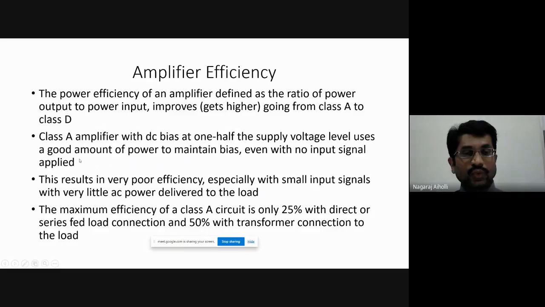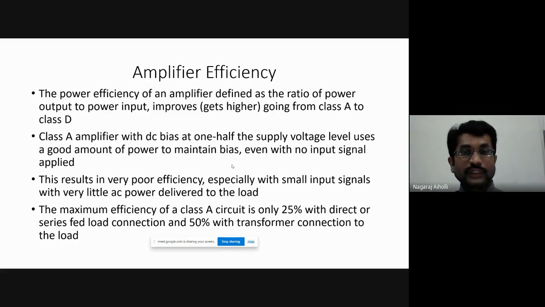It is using a good amount of power to maintain the bias condition for proper operation of this circuit. It is using a large amount of power for maintaining the bias condition. Bias condition means, as I told, applying certain DC voltages so that the transistor works properly in the linear region.